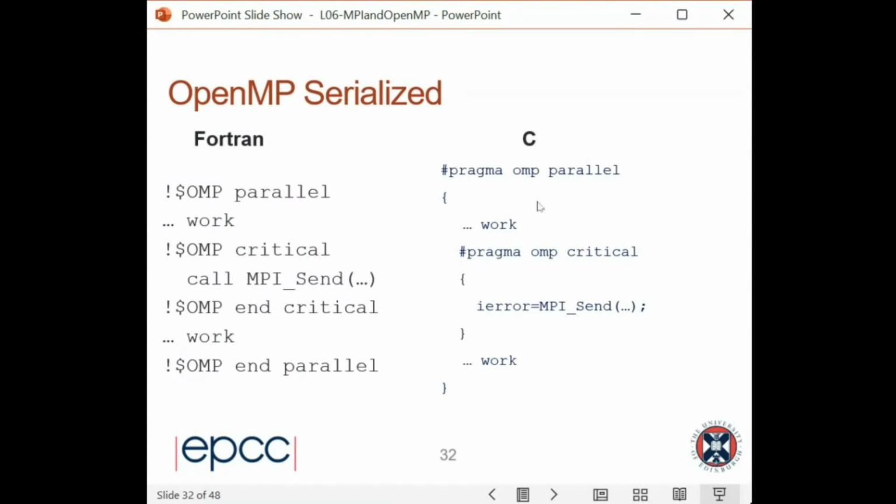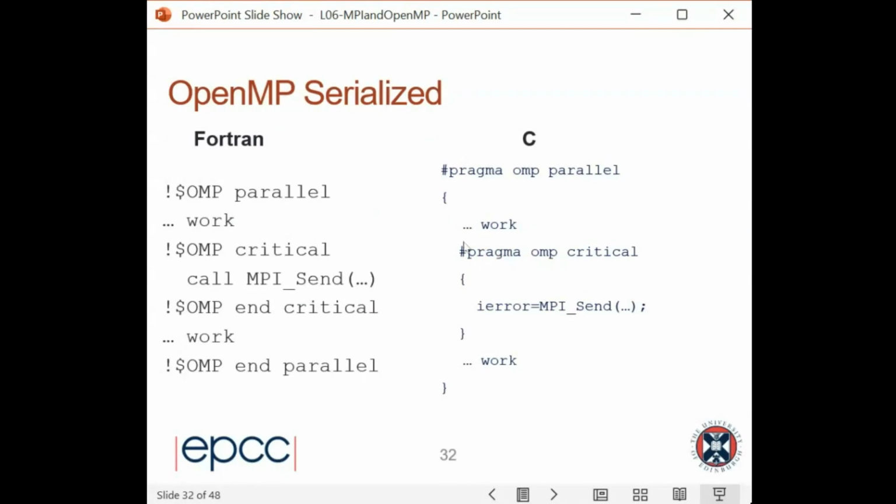A critical region is a region of code which only a single thread is allowed to be in at any one time. This would ensure that.